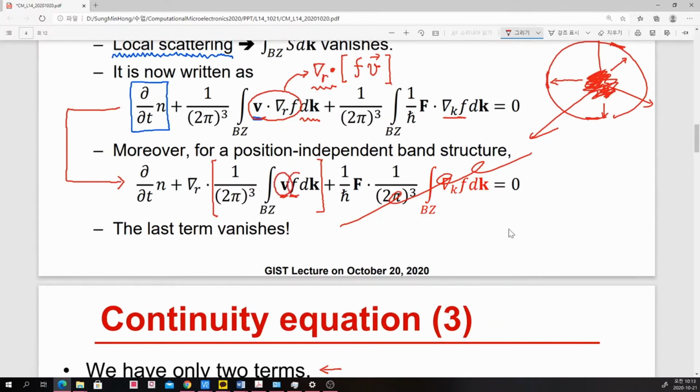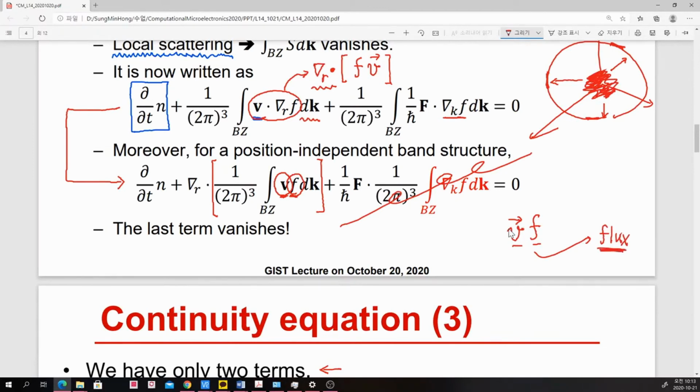Velocity times distribution. Velocity means how fast it is, and distribution is how many are there. So by combining these two pieces of information, we can construct the corresponding quantity, flux.